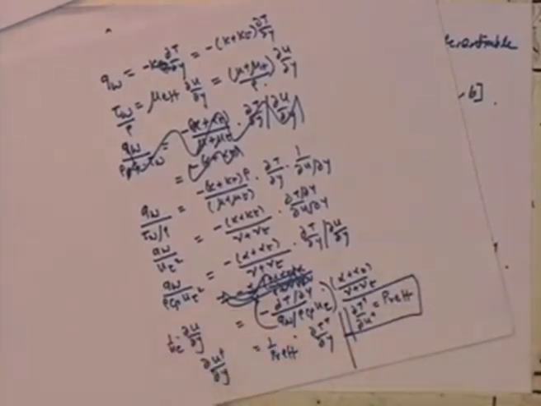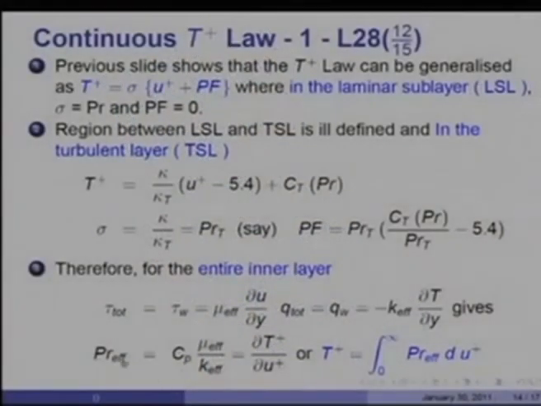And therefore, T plus would be the integral from 0 to infinity of Prandtl effective du plus, and this would give us a continuous temperature law as a function of u plus or a function of y plus, depending on how one wants to read it.